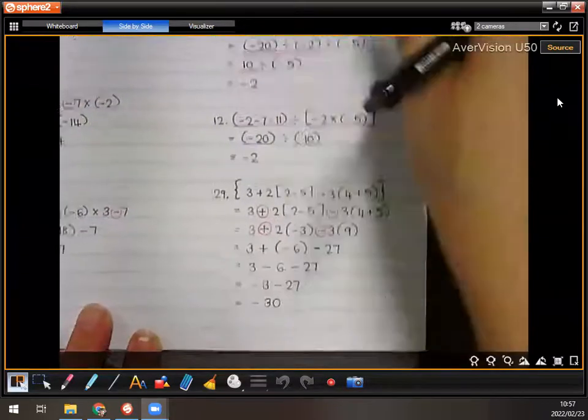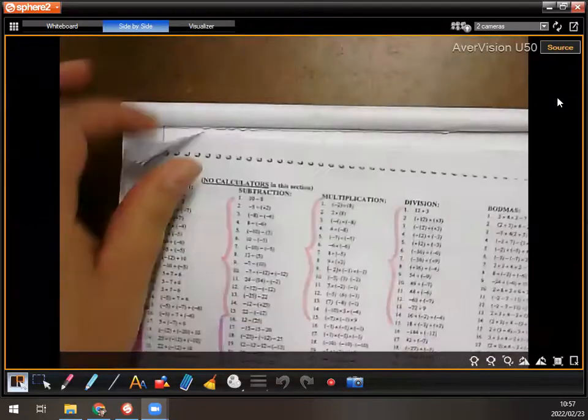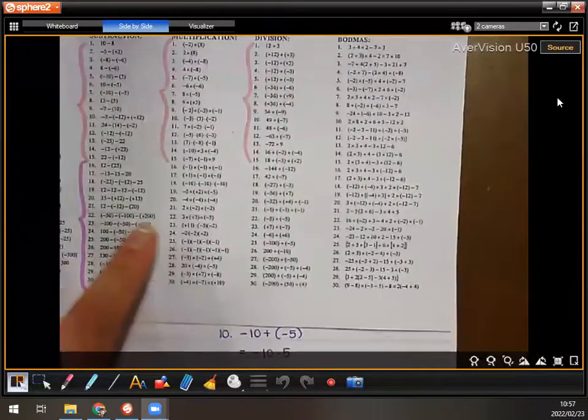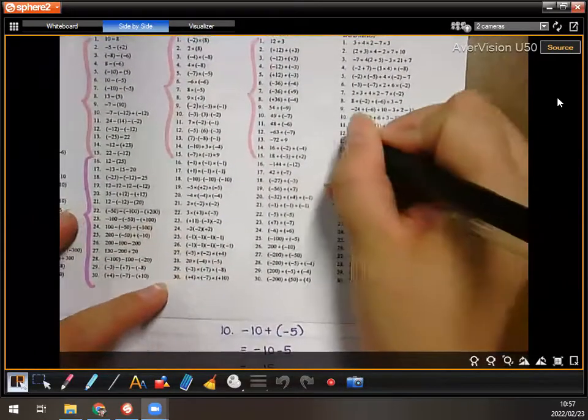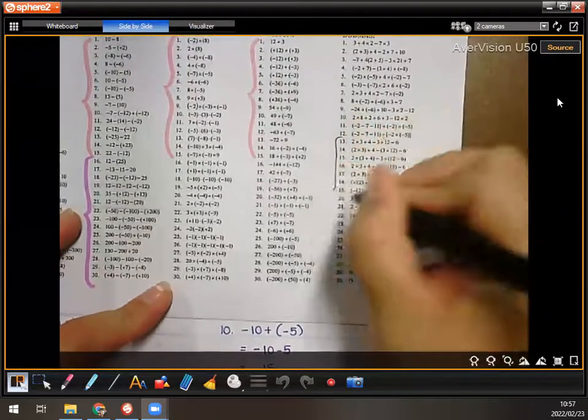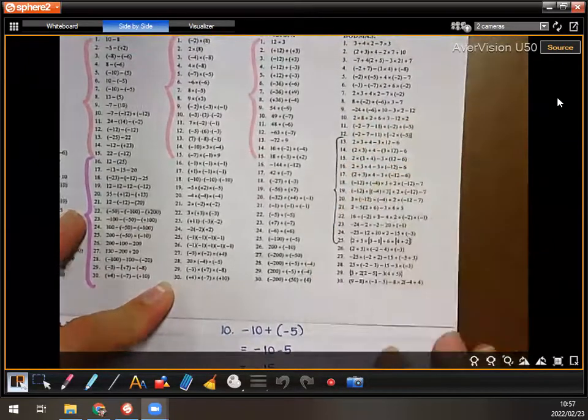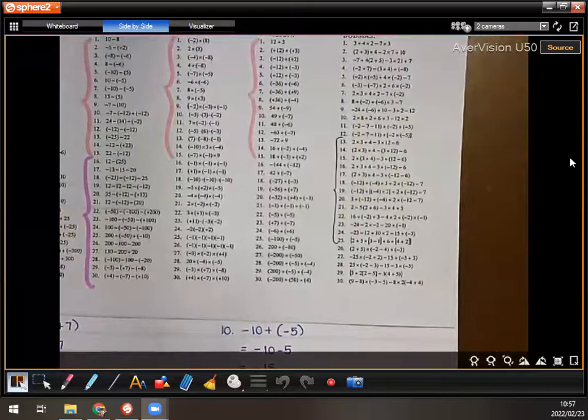I would like you guys now, on the same worksheet, you've done 4 to 12. I would like you to do 13 to 25. I actually don't want to do it in there. I'll put the actual worksheet on the board from the classroom.